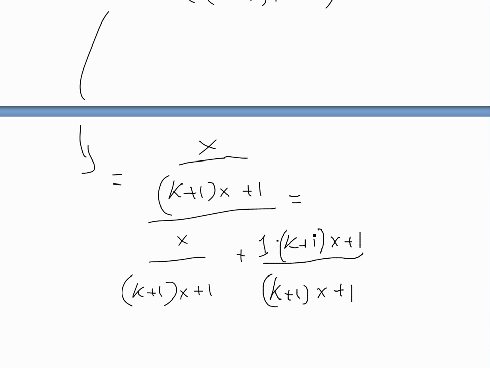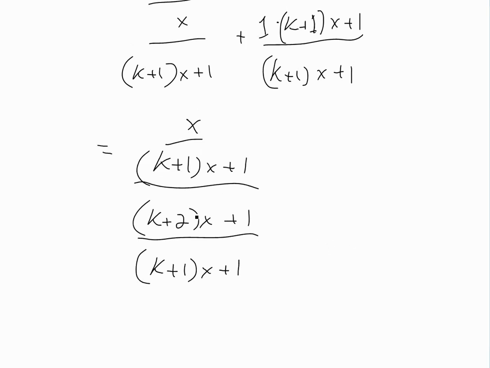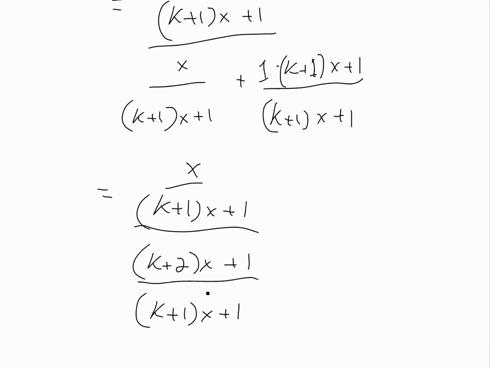The only thing that we'll add right now is this x is going to combine with this x plus 1 of x, equaling this one here, k plus 2 of x plus 1 on the bottom, divided by the common denominator, which is this. And as above, this one could cancel because you're dividing by the exact same thing, and this is going to be equal to x divided by k plus 2 of x plus 1 here.